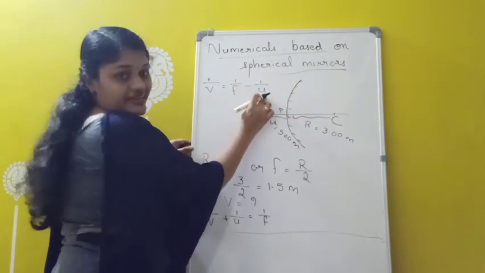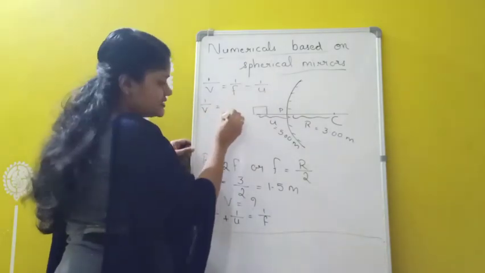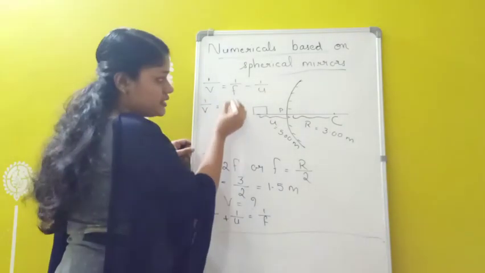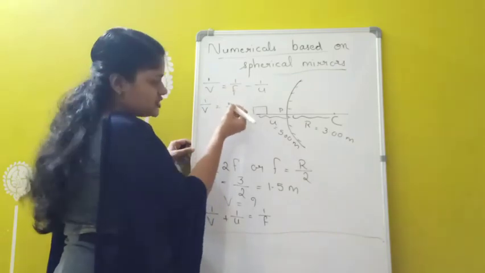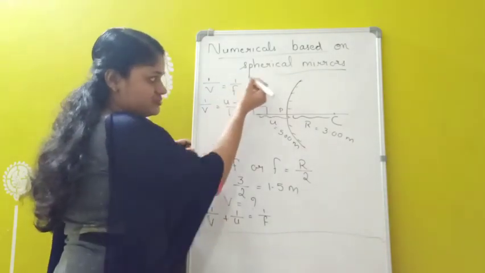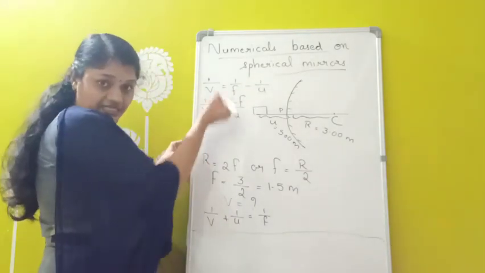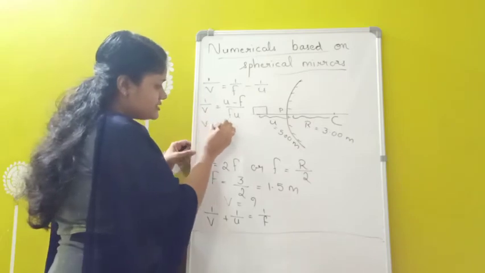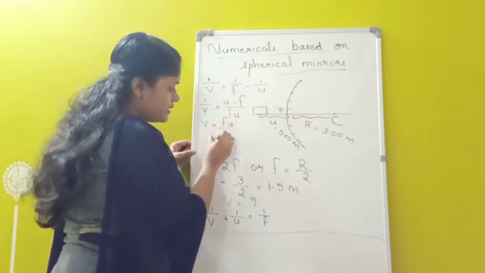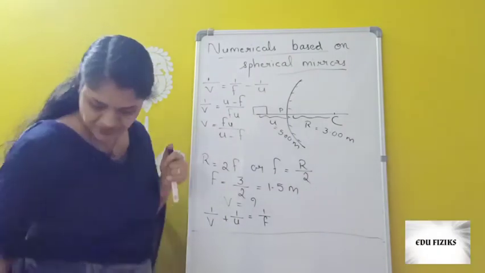From here I am taking the LCM, that is fu. So 1 by v equals (u minus f) divided by fu. We need v, so take the reciprocal of this. So v equals fu divided by u minus f. Now we can substitute the values.